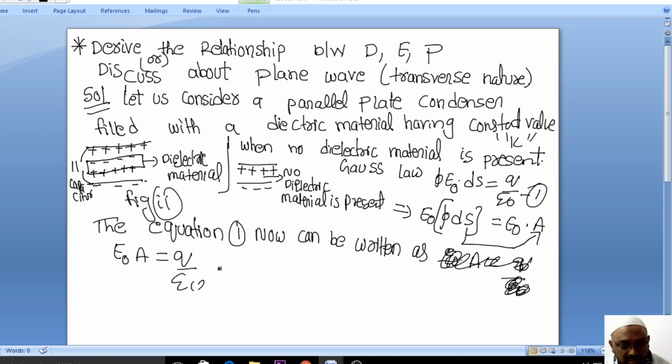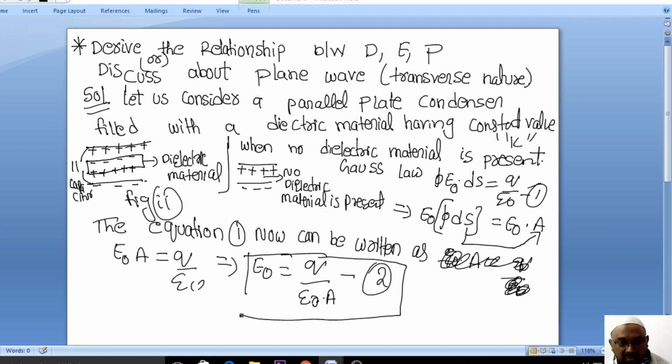So now your E naught is equal to Q by epsilon naught into A. This is the value of E naught, the basic electric field that exists when no dielectric material is present. E naught is equal to Q by epsilon naught A.